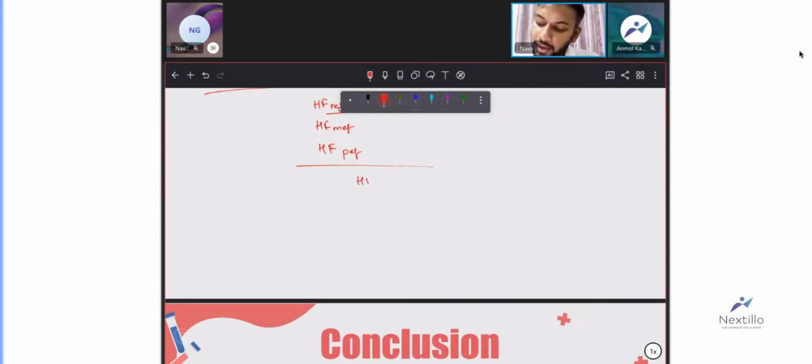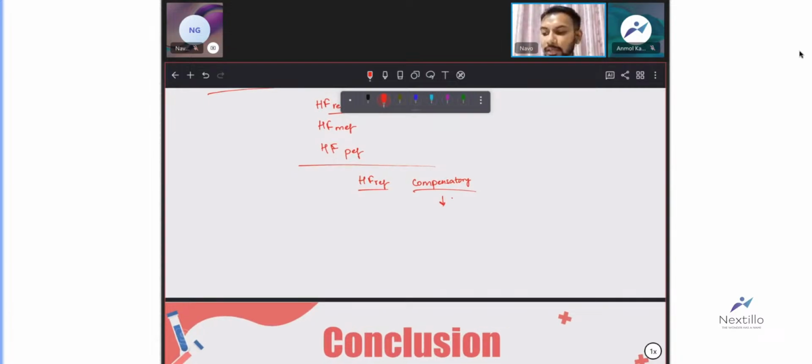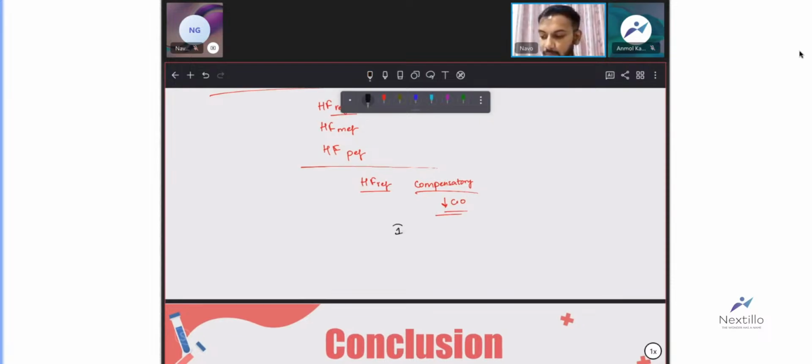Now, how did HFrEF happen? It happened because of compensatory mechanisms. Imagine if there is any index event. Example, there is MI that is causing a loss of function of the LV. So it will cause decreased cardiac output. Now we want to increase the cardiac output by compensating. What are the compensatory mechanisms?